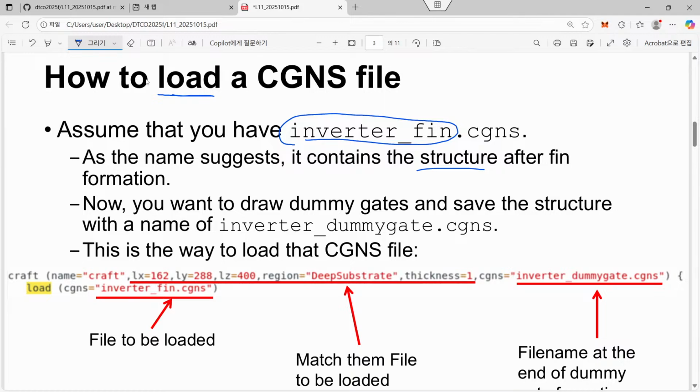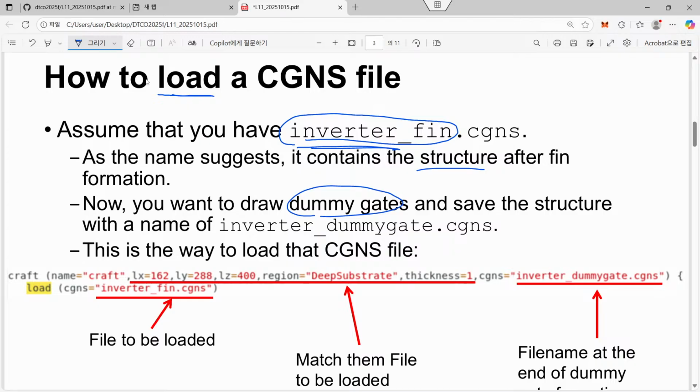Now you have a fin, but you want to make dummy gates, spacer formation and spacer etching, blah blah blah. That is your current interest. However, if you make any mistakes in your dummy gate drawing, then unfortunately you have to generate these fins again and again. So we can now skip this tedious job by loading the existing CGNS file.